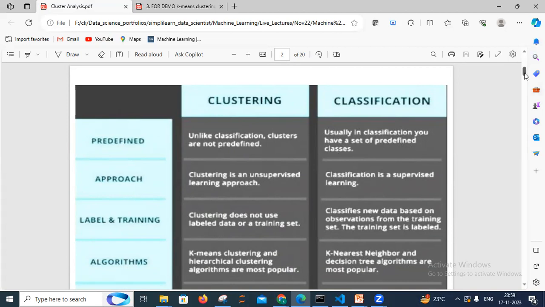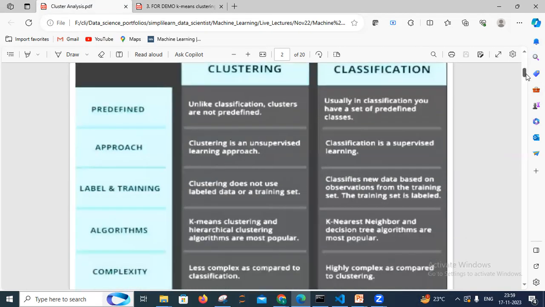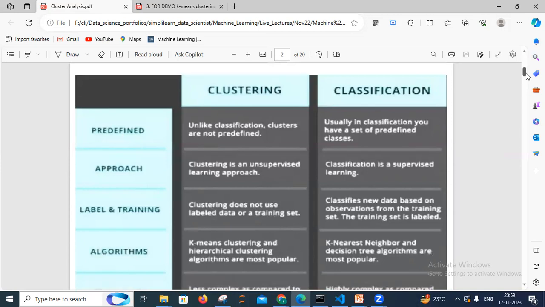So I have determined some differentiation point that is predefined. Unlike classification, clusters are not predefined because there are no labels, right? And usually in classification you have a set of predefined classes. So classification works on a labeled data set, meaning supervised learning, right?